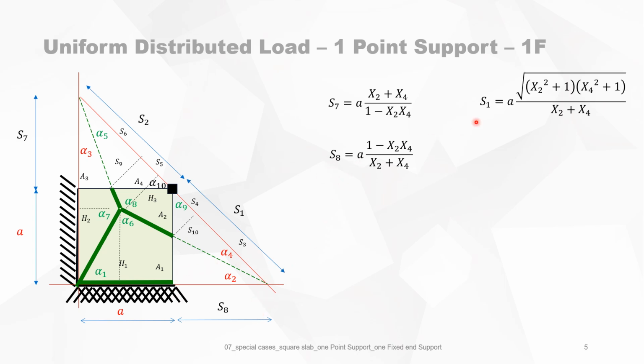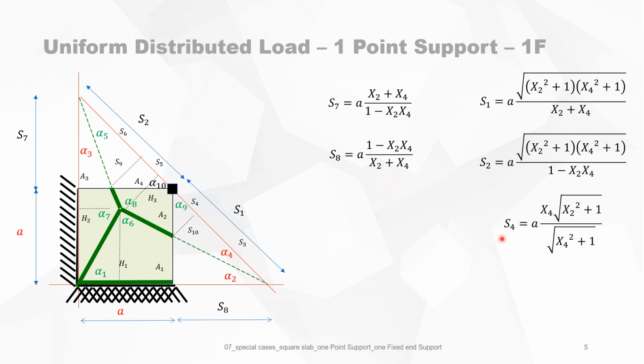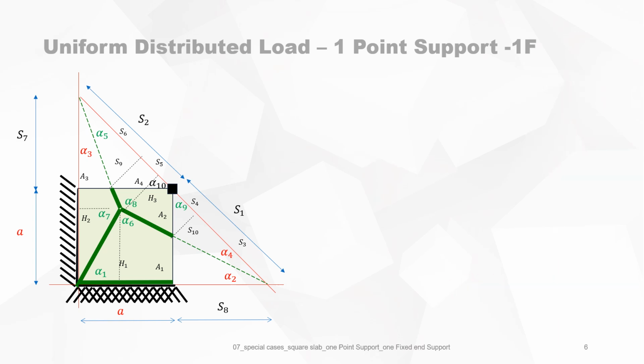We have this expression. S1, you can also express in x2 and x4. The same for S2, S4, and S5. You see, it's sometimes a little bit complicated, but it is in fact straightforward trigonometry that you can use to calculate all parameters in function of x2, x3, and x4.